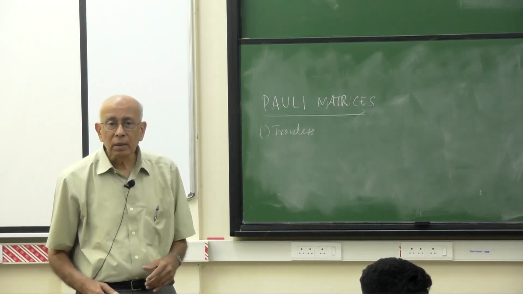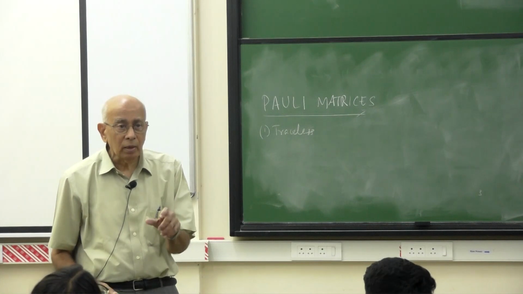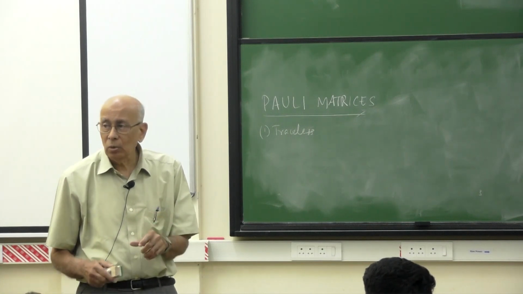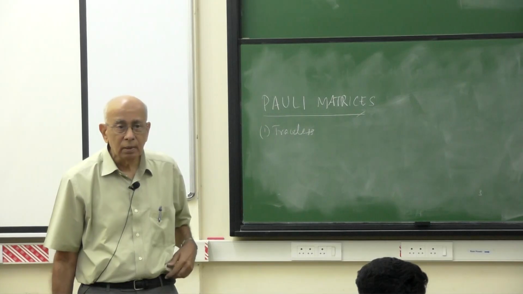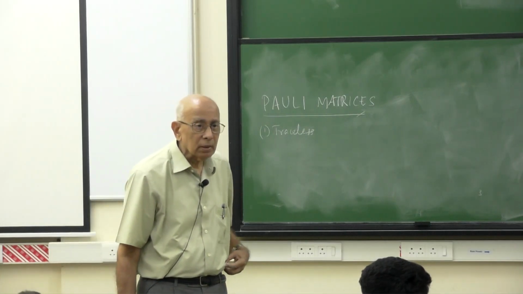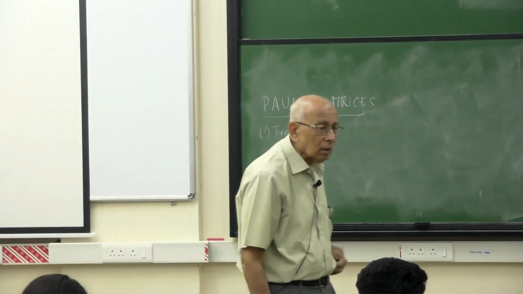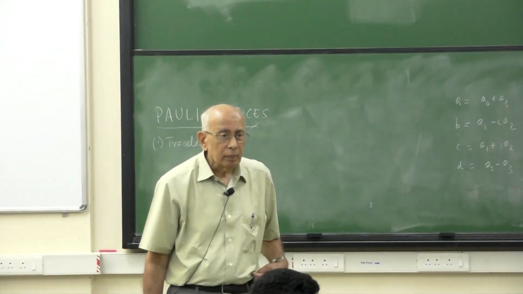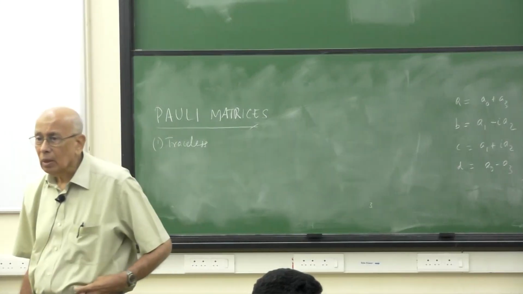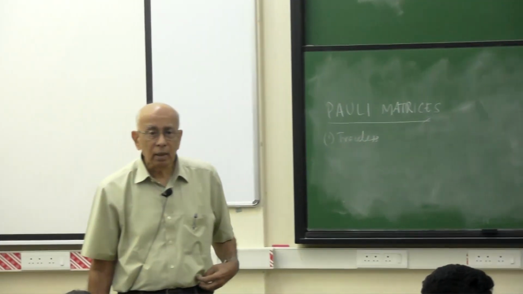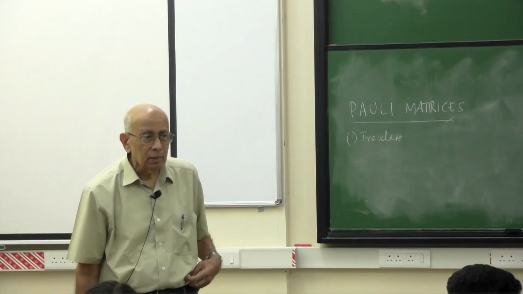A complex number is a real pair, an ordered pair of real numbers with certain rules of addition and multiplication. That's what a complex number is. And all physical quantities, incidentally, are complex numbers. The refractive index of a medium is a complex number. The dielectric constant of a medium is a complex number.